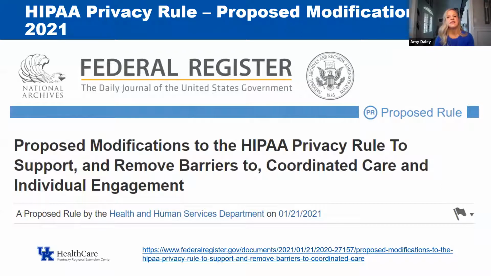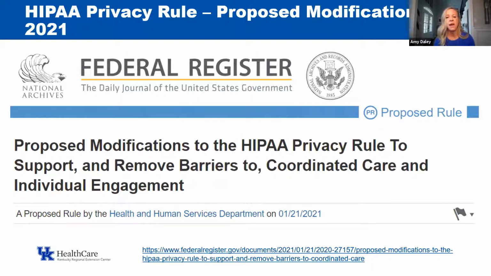So with the final rule that was proposed back in January, January 21st, 2021, a proposed rule came out called Proposed Modifications to the HIPAA Privacy Rule to support and remove barriers to coordinated care and individual engagement. You may or may not be aware that the rule was released.